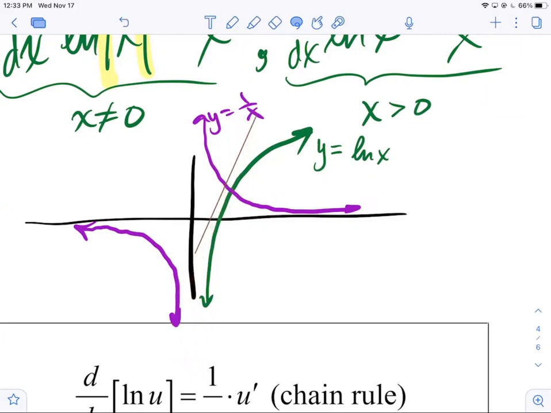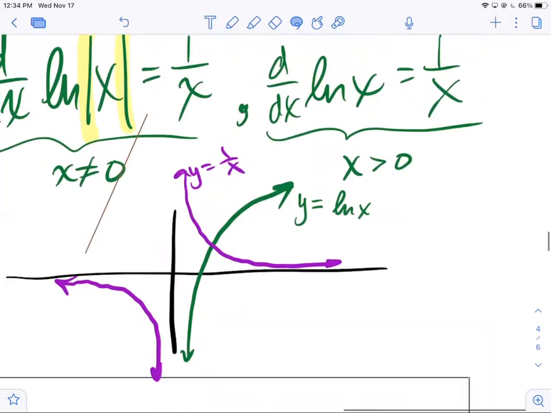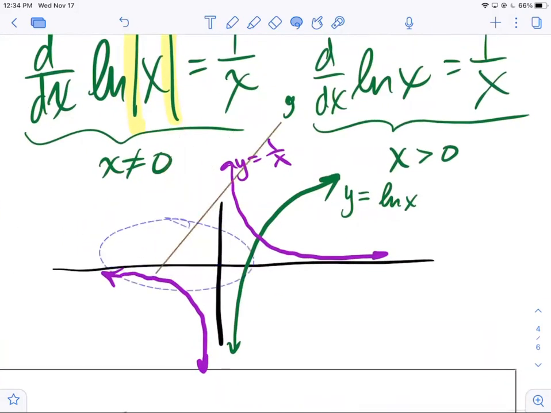As I go to the right, notice my slopes are still positive, but now they're not as steep. So my y values of the derivative are still positive, but getting smaller. As I continue to go further over here, this is not working. Over here, my slopes are still positive, but now really small. And because the natural log of x goes to infinity slowly, the tangent lines are approaching a horizontal tangent line, right?